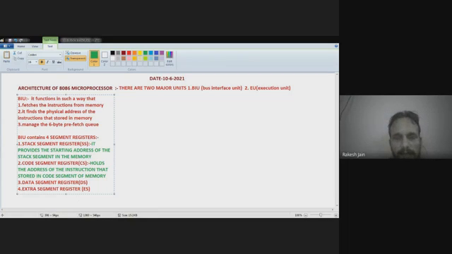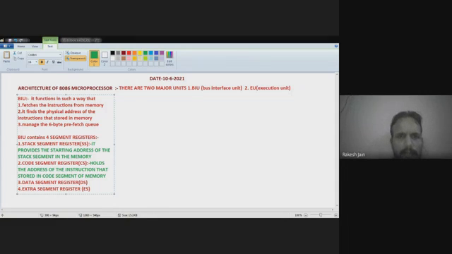In the stack segment, we know that the last in, first out method is used. As we have already studied in the 8085 microprocessor, we use the push and pop instructions. To retrieve data, we use the pop instruction. To insert data in the stack, we use the push instruction.